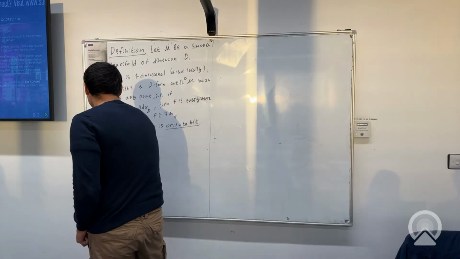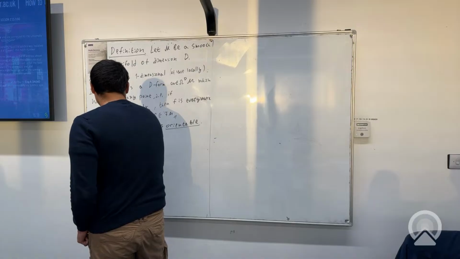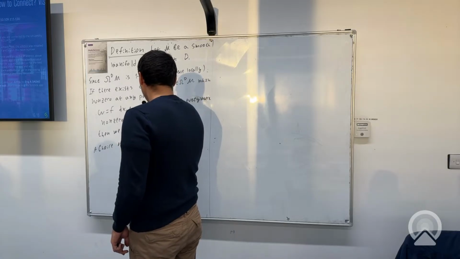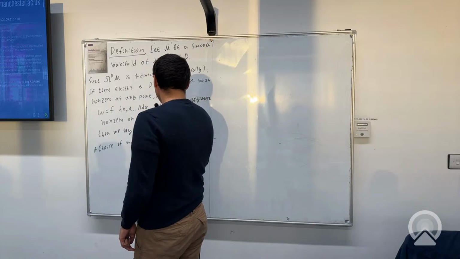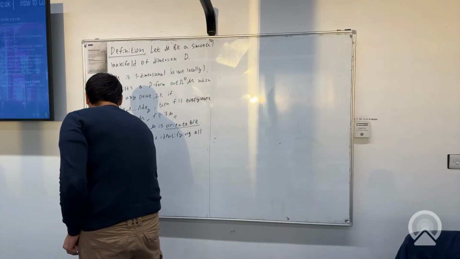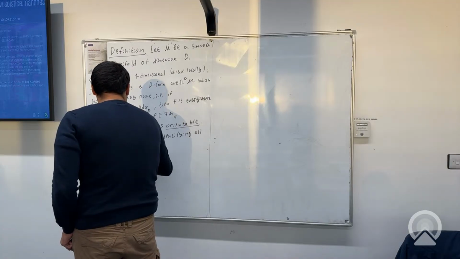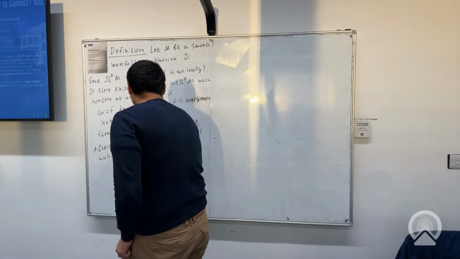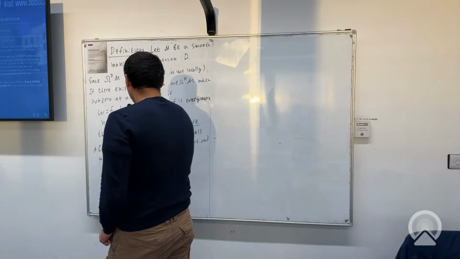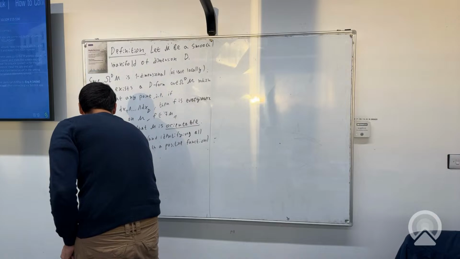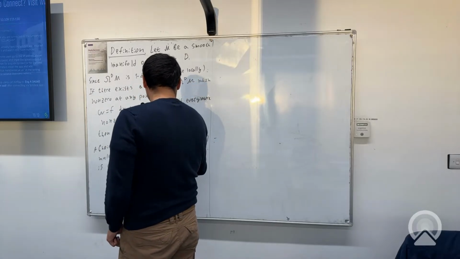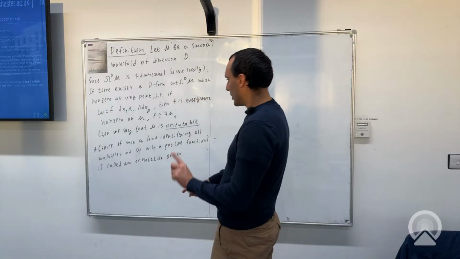And a choice of such an omega, identifying all multiples of omega with a positive function, is called an orientation of M. And if M is orientable, it has two orientations.